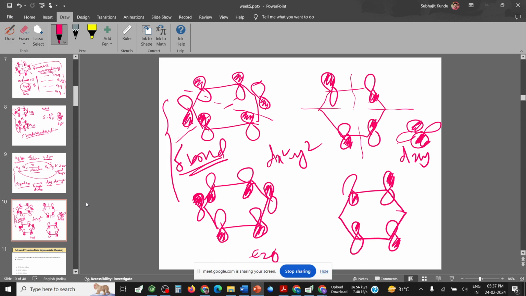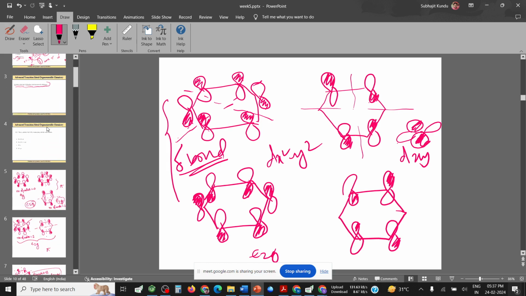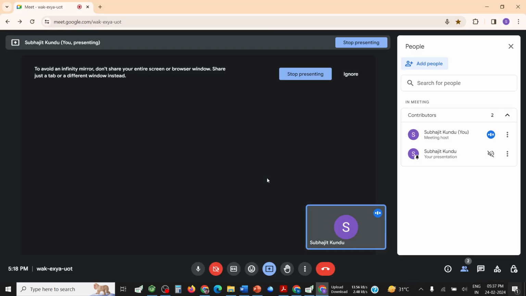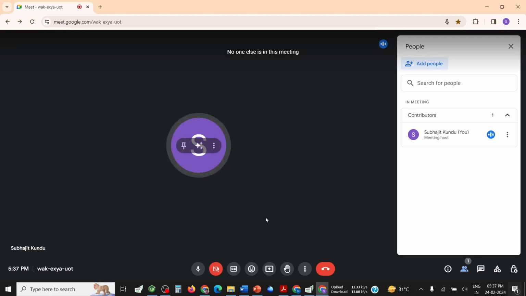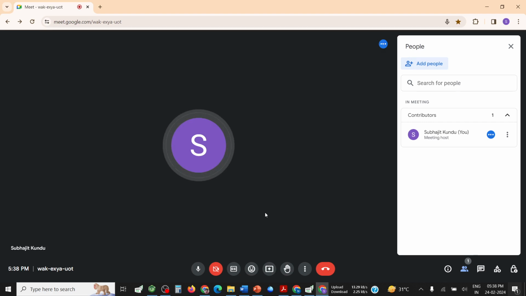Now you want to see the molecular orbital diagram of these. As no participant is there, I am discussing this from my side only.